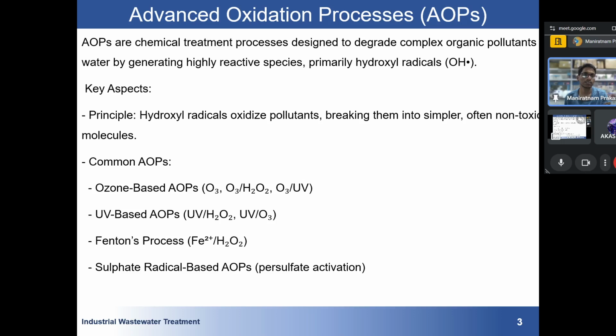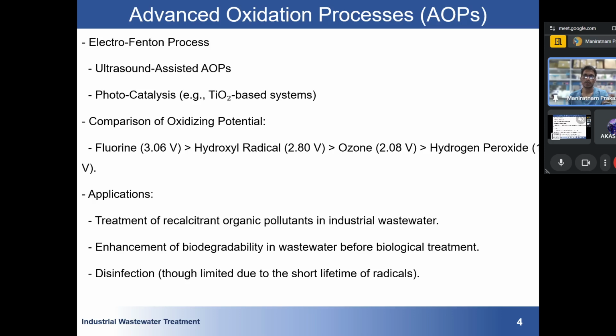All of these help in oxidizing, because these are very reactive. Then we have the electro-Fenton process. In the Fenton process there is a problem of sludge, but in electro-Fenton this problem of sludge was solved. Then we have ultrasound-associated processes. These are different types of radicals.